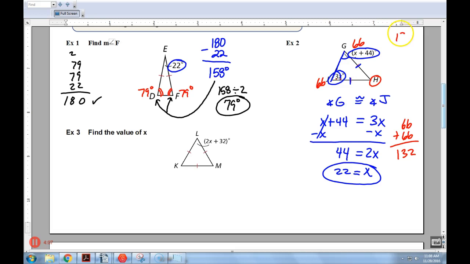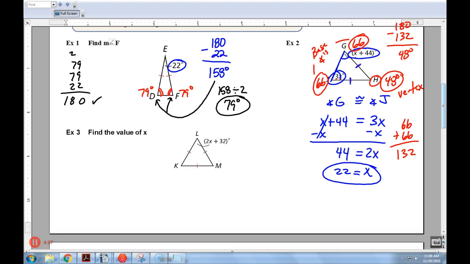And so if I do 132 and subtract that from how many degrees are in a triangle, it looks like 48 degrees. So I now have all three angles. I have the two base angles, and then over here I have the vertex angle. So I just wanted to do that example to point out that the vertex is not always at the top and the base angles are not always at the bottom. You have to look at how it's tilted.